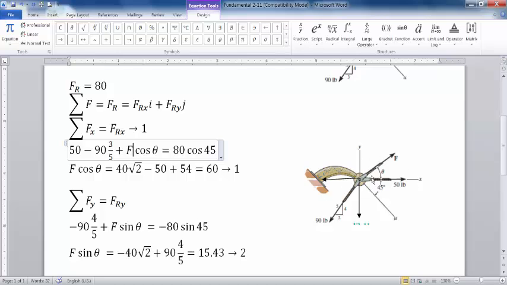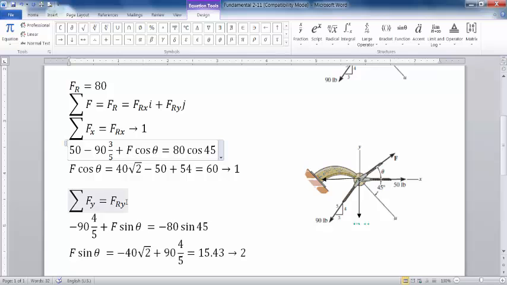All these are not equal to 0, but it will be equal to the resultant F, which is 80 multiplied by cosine 45. So we have this as equation 1.